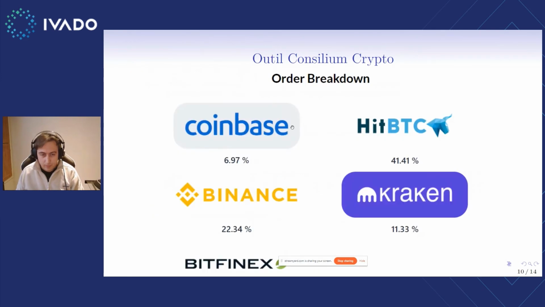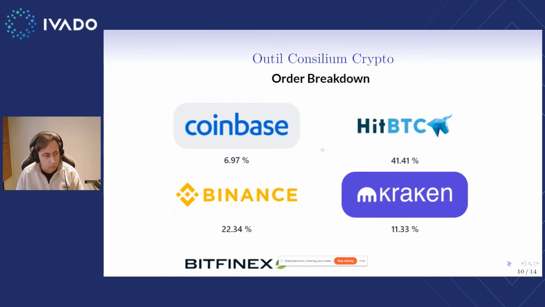The Consilium Crypto website will propose to go on Coinbase, HBTC, Binance, Kraken, Bitfinex, and here you have the split of the order. So you will go to different markets to take advantage of all of them. But this is simply a routing approach.